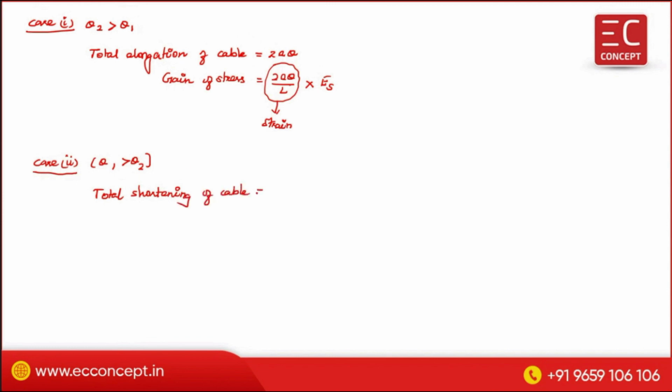Total shortening of cable is equal to 2e theta. So if the slope due to pre-stressing force is more, then the loss of stress will happen. They will ask you this loss of stress, how much. So 2e theta divided by length, this is the strain, into Young's modulus of steel. So this is all about that. You have to keep this in your mind.